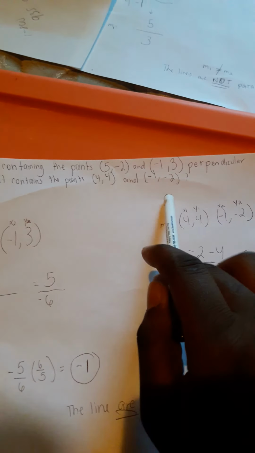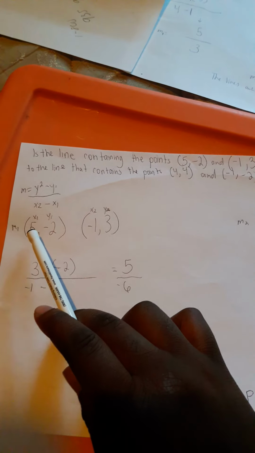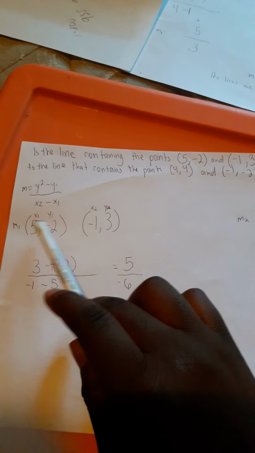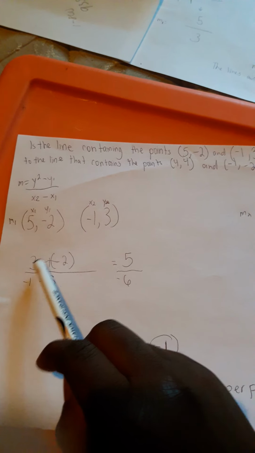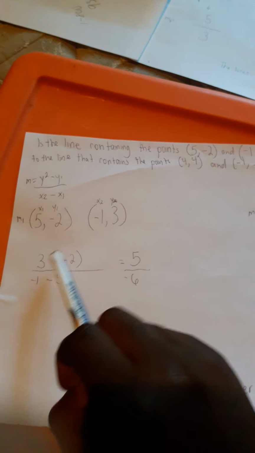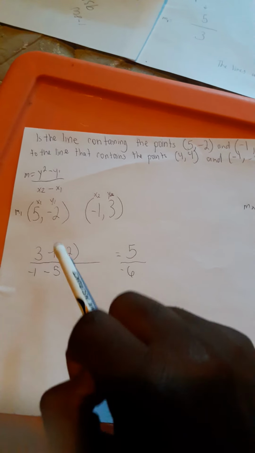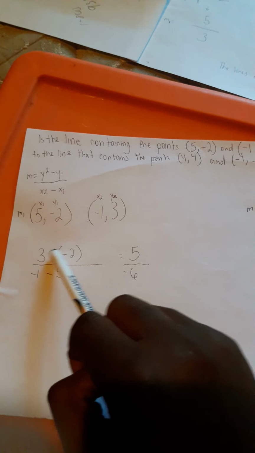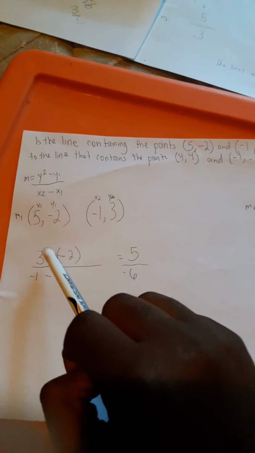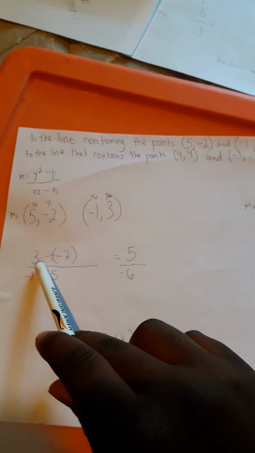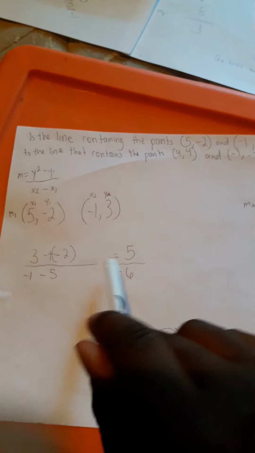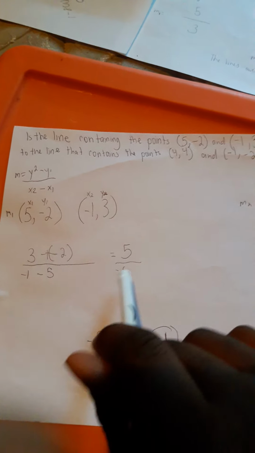So here we're given the points. So we know 5 and 2, so this is x1 and this is y1, and this is x2 and this is y2. So I did the example already. So we know 3 goes here because this is y2, and minus 2. So when we're doing this, we have to add because it's both negatives, which makes it a positive. So this will be basically 3 plus 2 equals 5. And -1 minus 5 is -6.